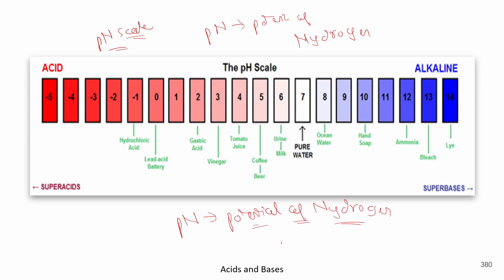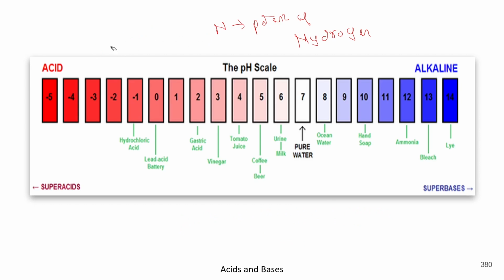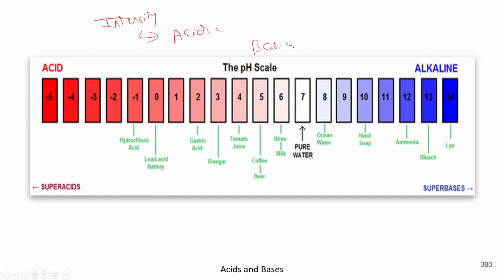Got it? So basically all those indicators which we were using only help us to identify whether the thing is basic or acidic, but they were not capable of finding out the intensity of acidic nature or of basic nature.